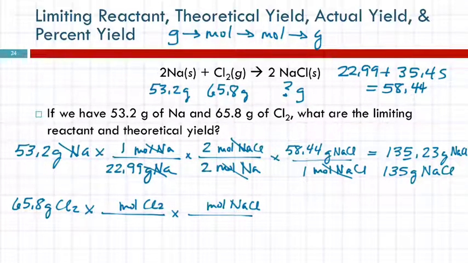Sometimes students get off track and they just get a little crazy calculating, and they calculate moles of sodium from moles of chlorine, and we're going to the same place. Moles of sodium chloride to grams of sodium chloride. Put units in the denominator to cancel the previous unit.